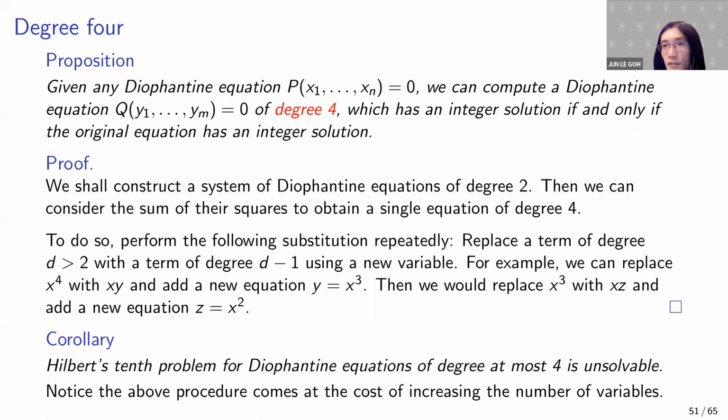And this raises a natural question: instead of looking at equations of restricted degree, how about equations of restricted number of variables? So people have also looked at that, but I'll be honest, I don't know that much about it.